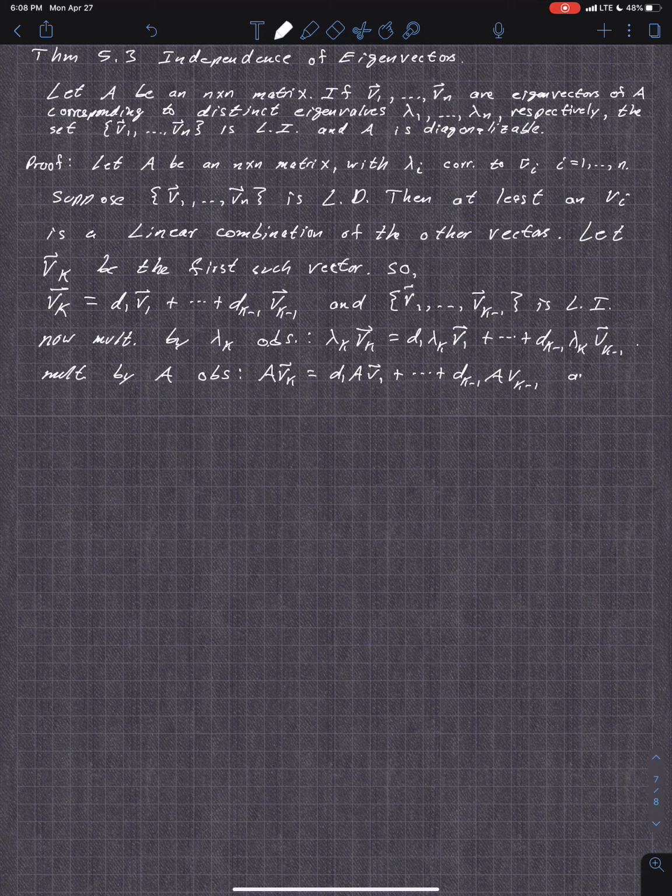Since A v sub i equals lambda sub i v sub i, this yields this equation.